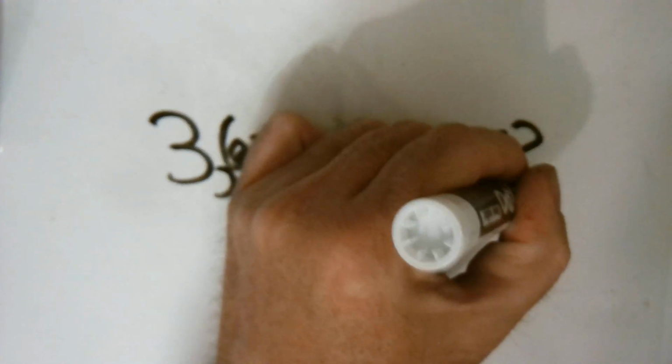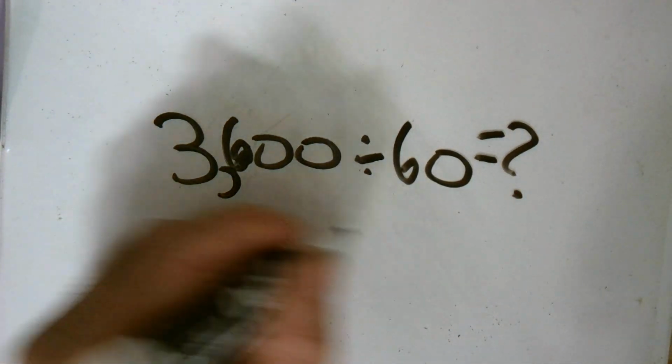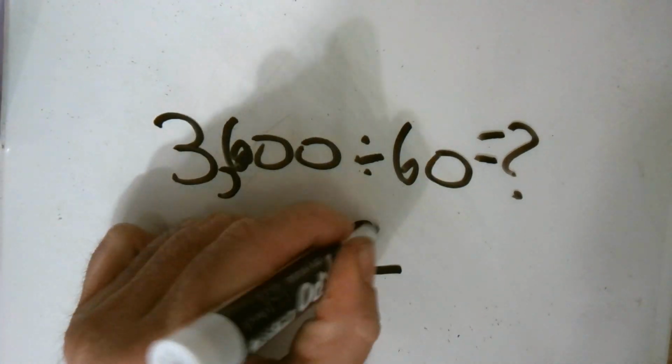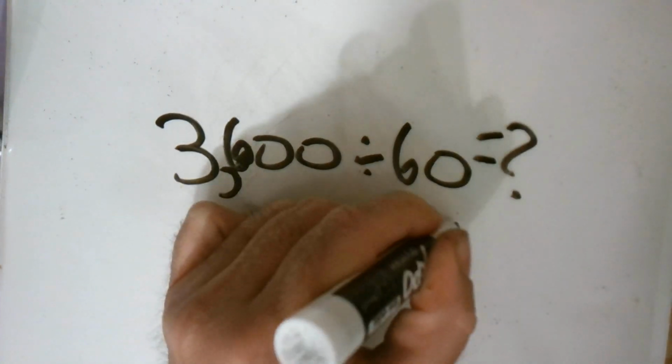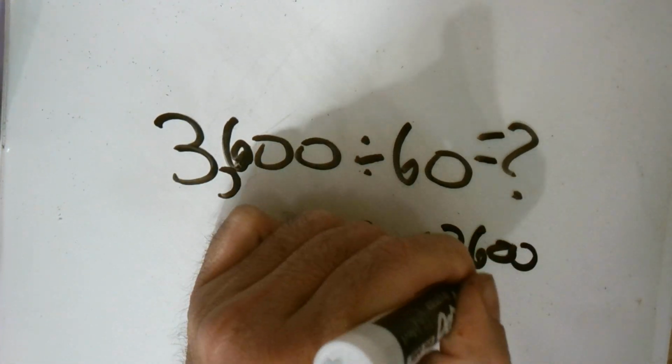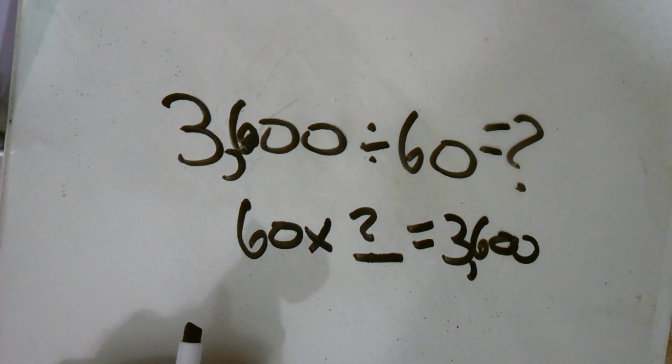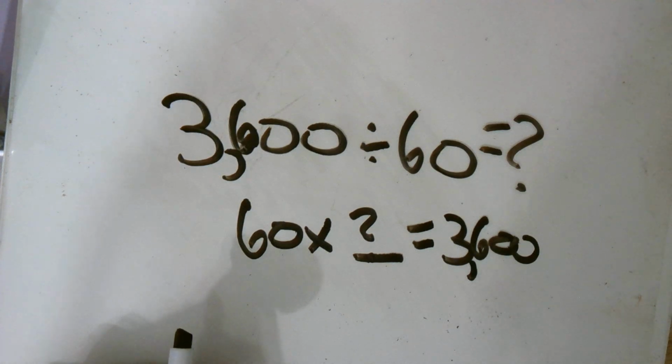What is that? Okay. So basically, you got to rewrite it. So 60 times something is 3,600. Okay. Kind of do the same thing we did before, taking out the zeros.